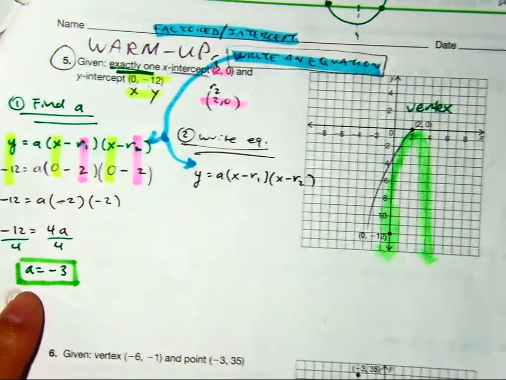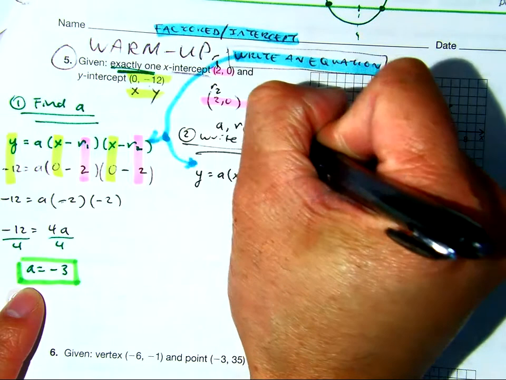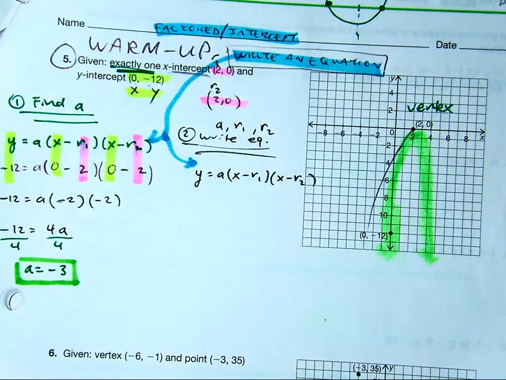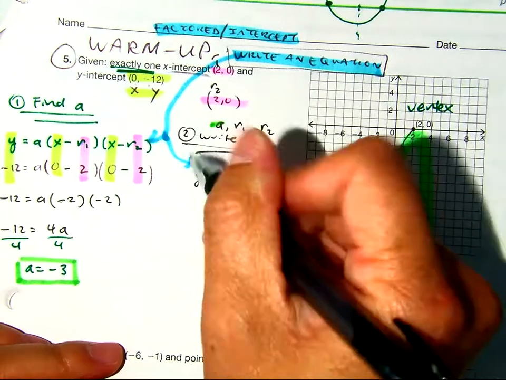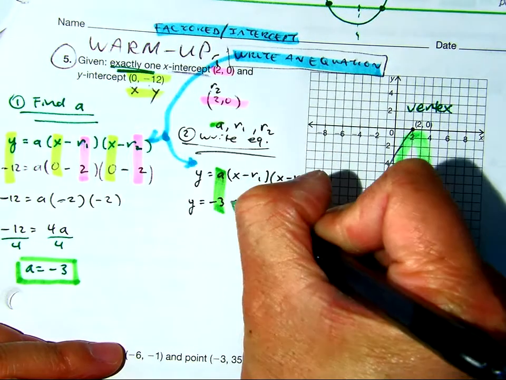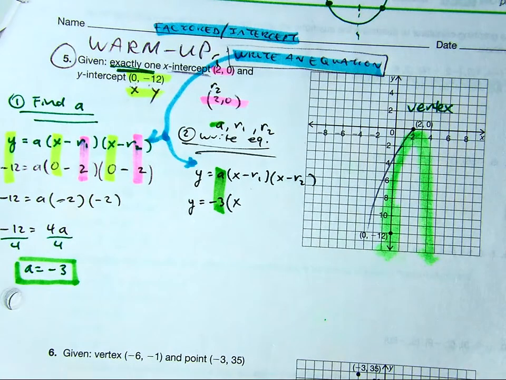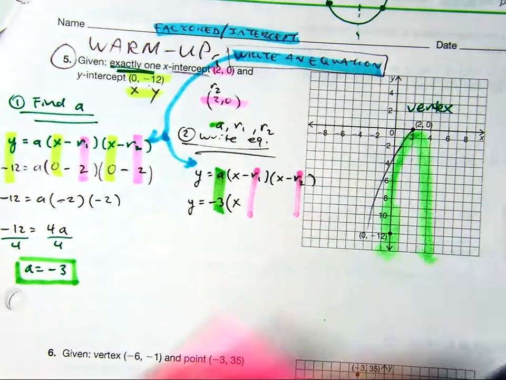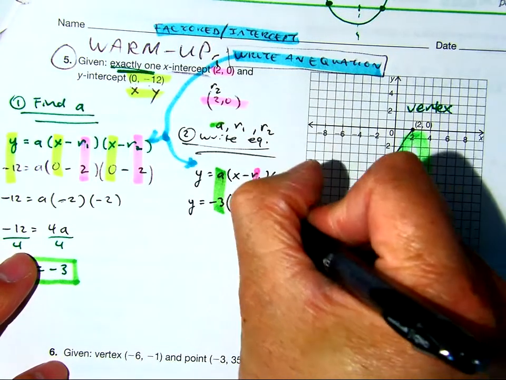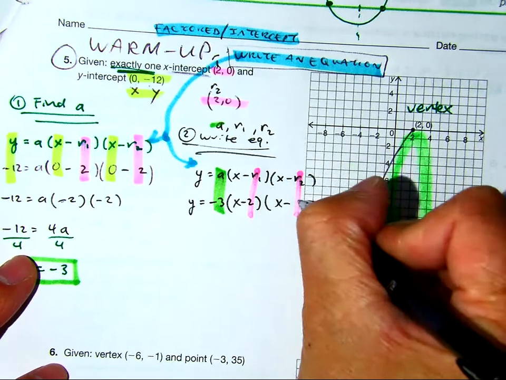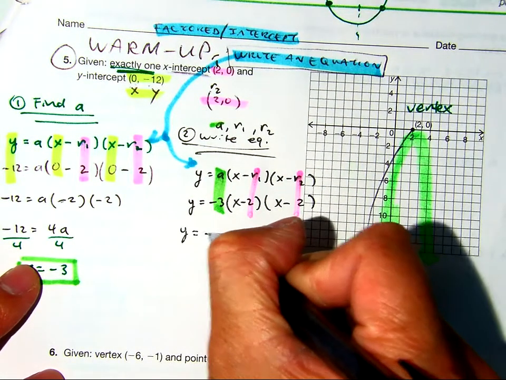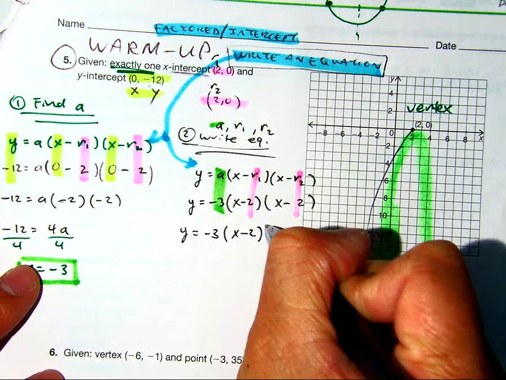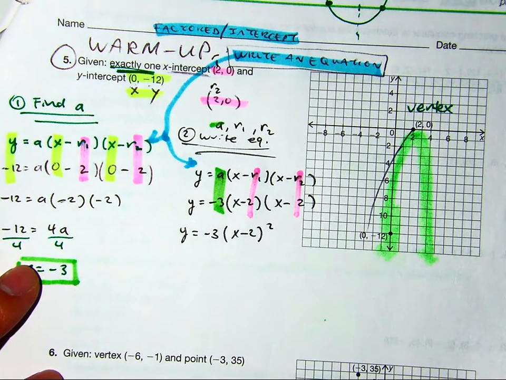In this problem, all I need is just the a, r1, and r2. So our a value is just negative 3. We said that your r1 value was 2. So I have (x minus 2)(x minus 2). And then because you have identical ones, you can write this as y equals negative 3 times (x minus 2) squared. And this would be our answer.